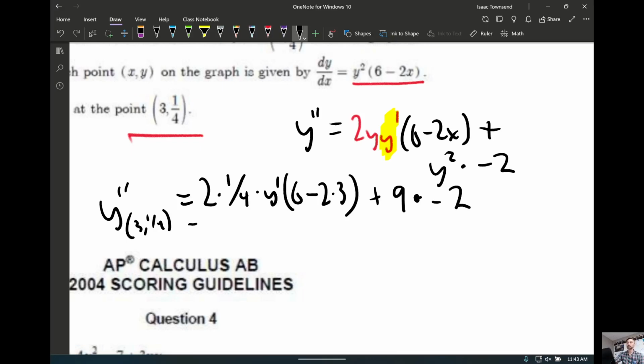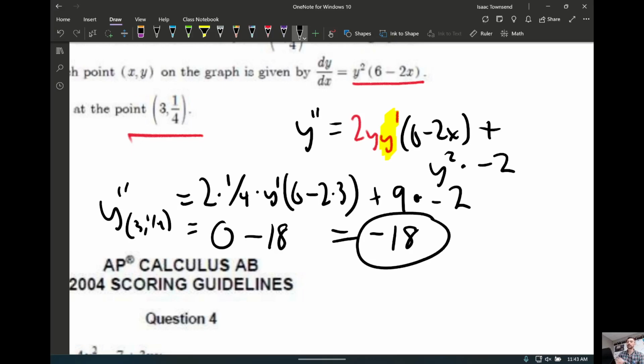And we're left with this. What does this stuff go to? 0. Okay, so if this is 0, times something, times something, times something, all of this really just goes to what? 0. Okay, and then plus 9 times negative 2. So it looks like negative 18 would be our answer.